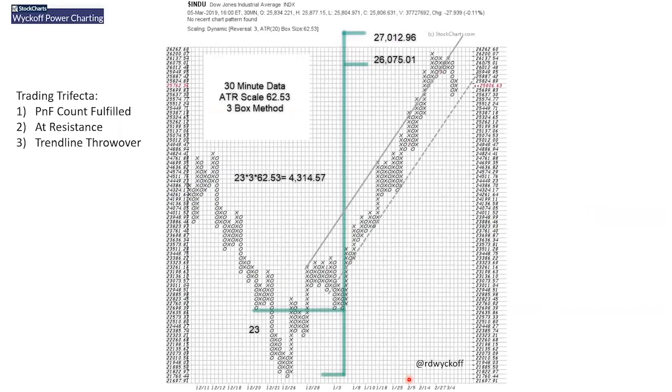Here we have a chart that was originally published on March 5th, created on March 5th. It's intraday, 30-minute data, ATR scaling, and 3-box reversal method. So for an intraday chart, it actually covers a lot of information, and a big time frame.